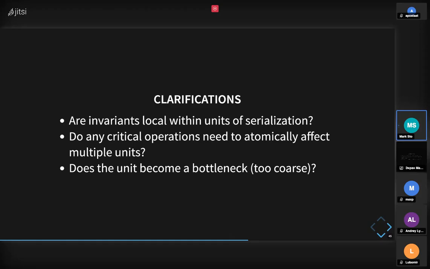If yes, then with serialization within a unit, you cannot obtain AC. You will need coordination between units. Does the chosen unit of serialization become a bottleneck in terms of latency or throughput, when you choose this serialization area, like with a coarse-grained key?